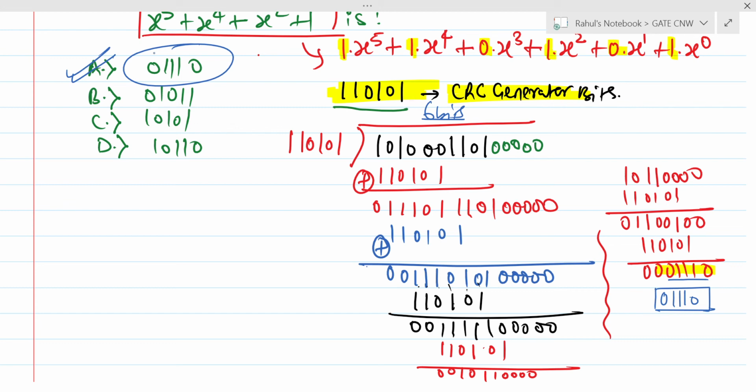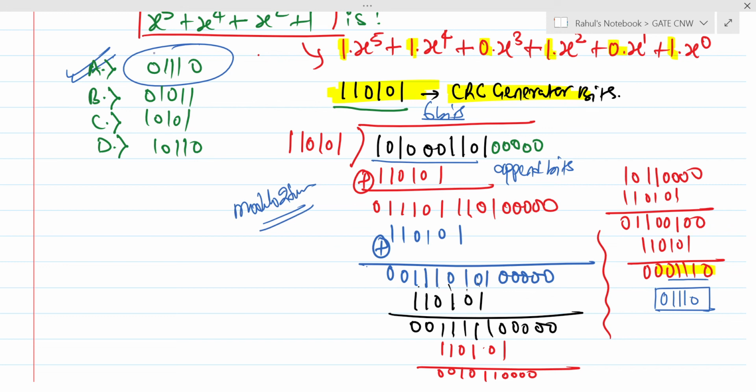So what is the process? Original message plus we need to append some bits. Those bits are n minus 1, that is, the CRC generator is 6 bits, so we appended 5 zeros and performed the XOR operation, also called the modulo 2 sum method.